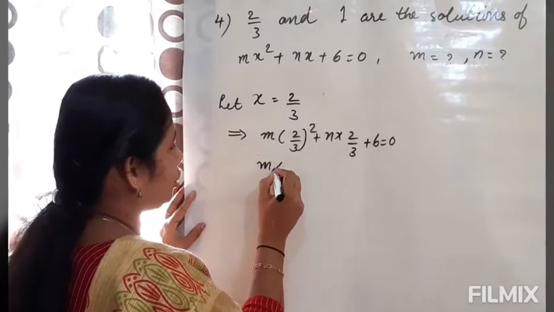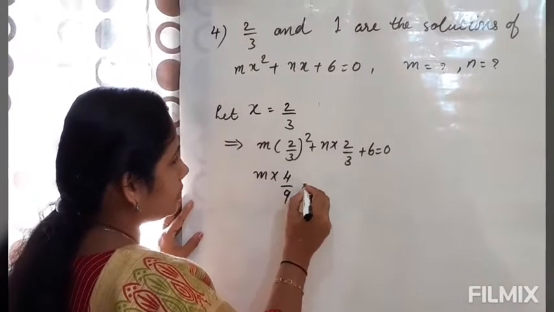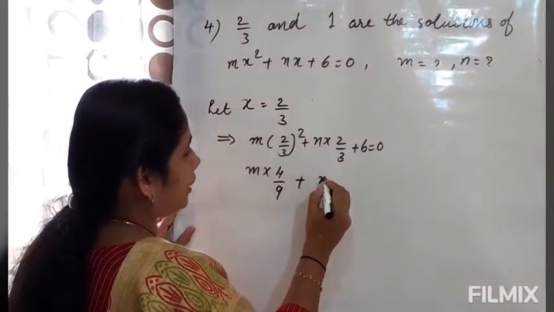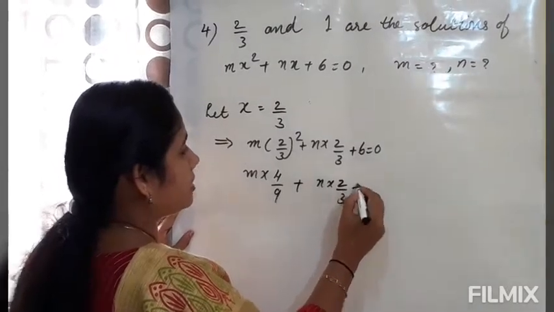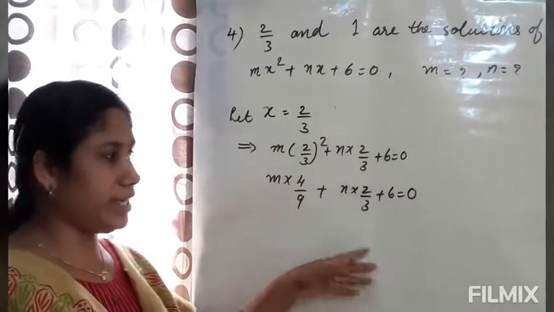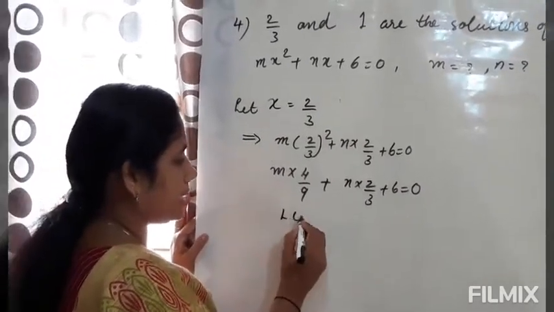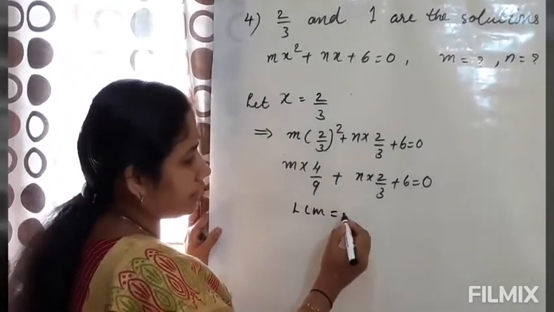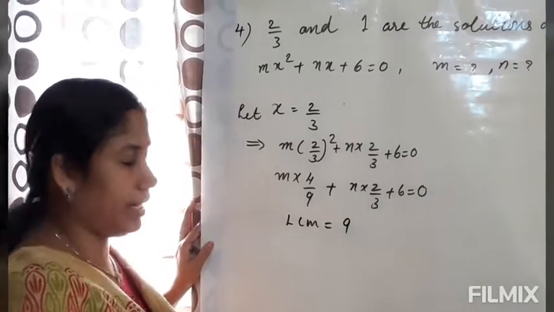That is m into 4 by 9 plus n into 2 by 3 plus 6 equal to 0. To simplify this equation, we can take the LCM. Here 3 and 9 are the numbers, so the LCM is 9.